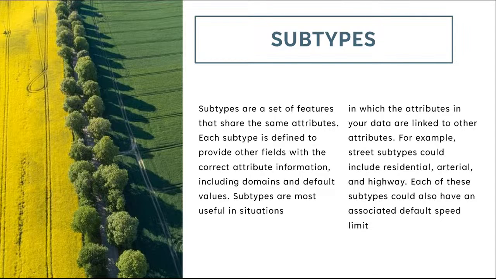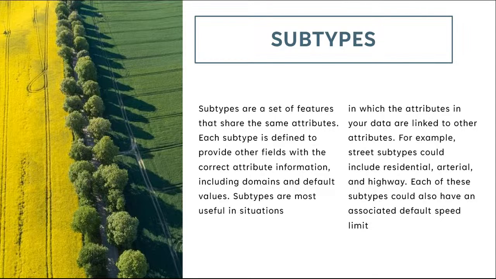Subtypes are most useful in situations in which the attributes in your data are linked to other attributes. For example, street subtypes could include residential, arterial, and highway. Each of these subtypes could also have an associated default speed limit.